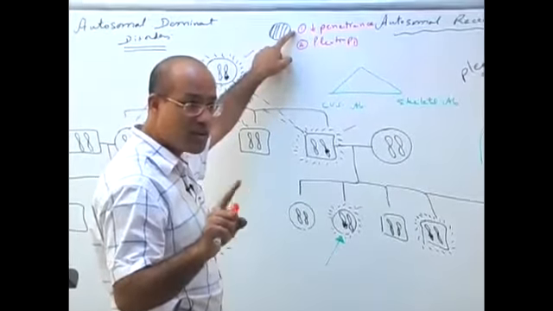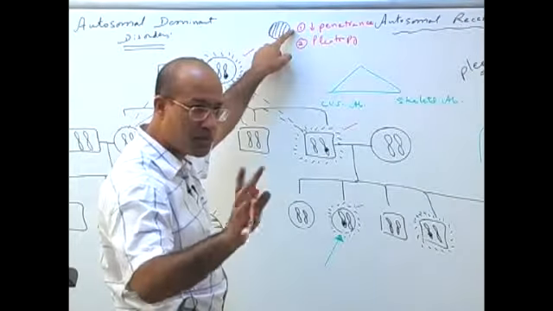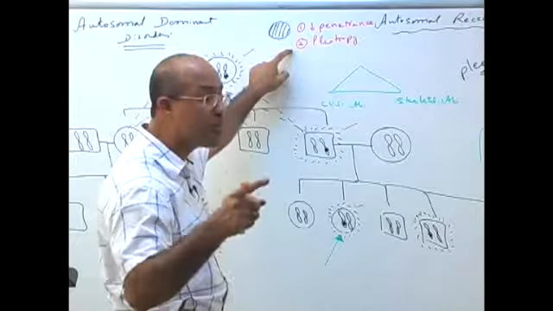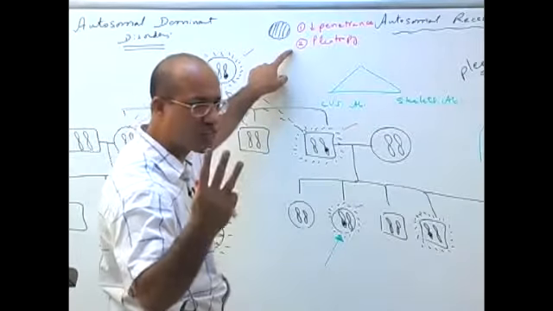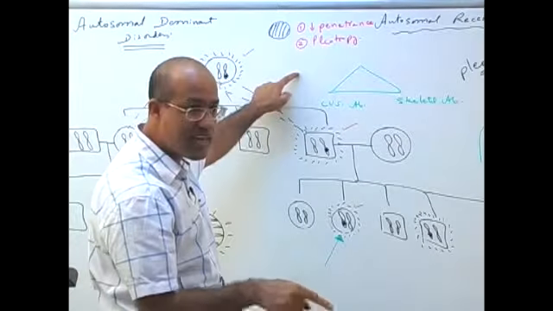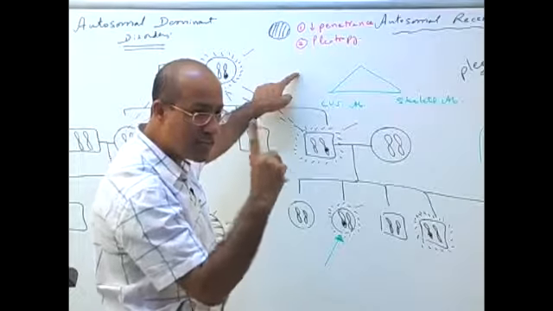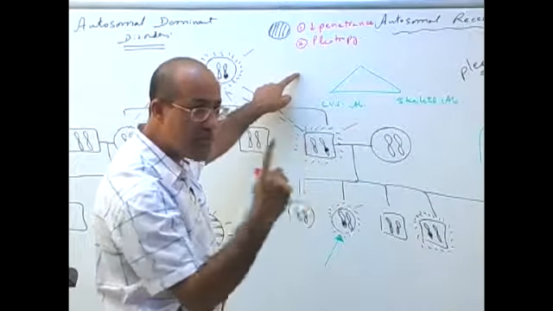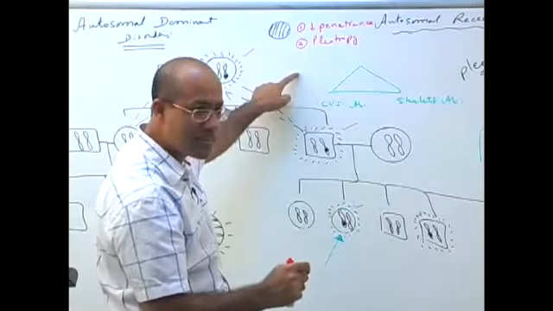Because when we are saying non-penetrance, it means genotype abnormal, but no phenotype abnormality. When we say pleiotropy, it means one gene defect may produce multiple system defects. Is that right? But now I'm talking about another concept, that among all the people who have one given autosomal dominant disease, different patients may have different severity of disease, different onset of the disease.